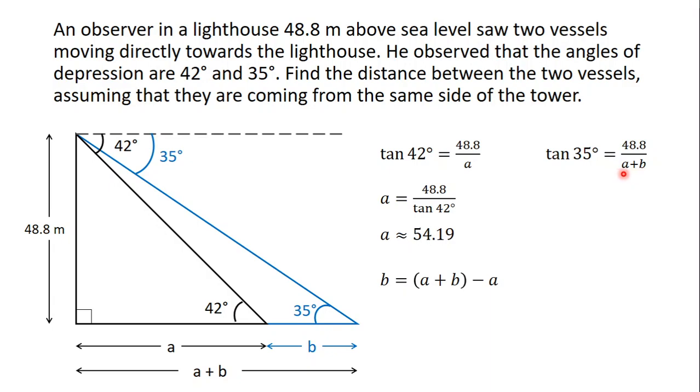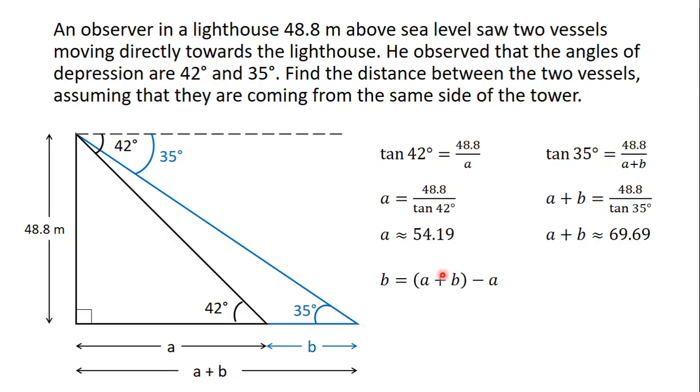Okay, so, wag muna malilito. Tignan nyo to as 1, itong A plus B. Hindi natin yung paghihiwalayin, kasi dito sa work equation natin, hindi sila magkahiwalay. Applying the MPE, A plus B will be equal to 48.8 over tangent 35 degrees. Okay, and pag ginamit mo yung calculator mo, A plus B is approximately 69.69.